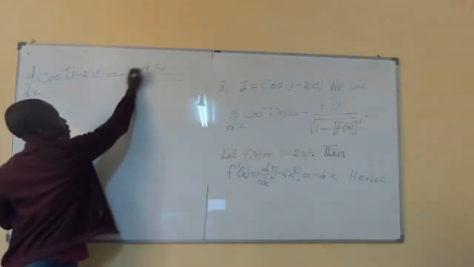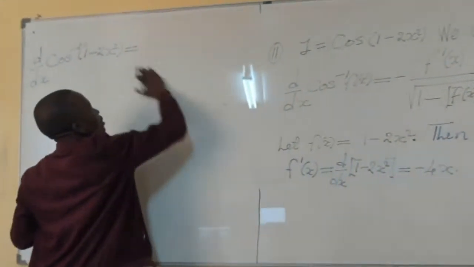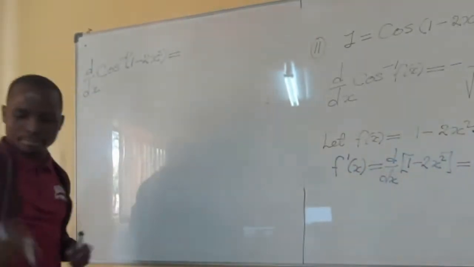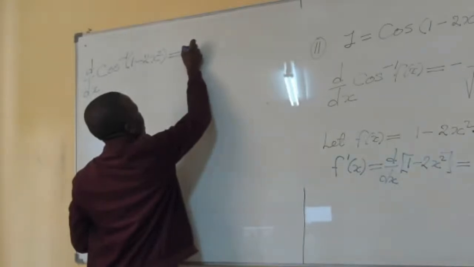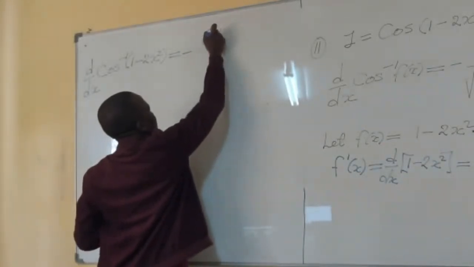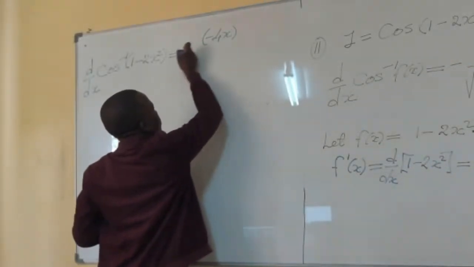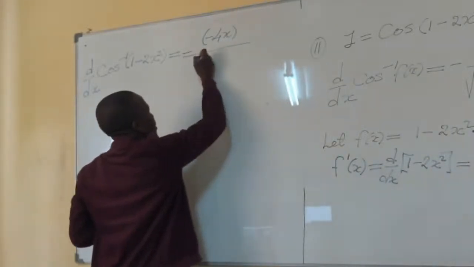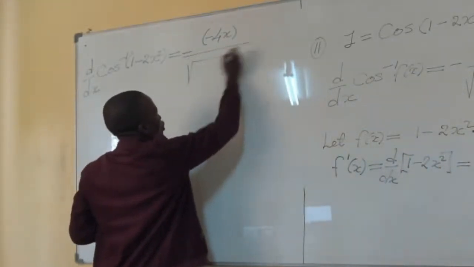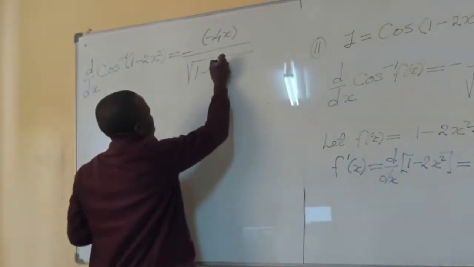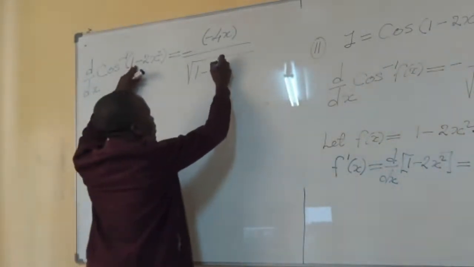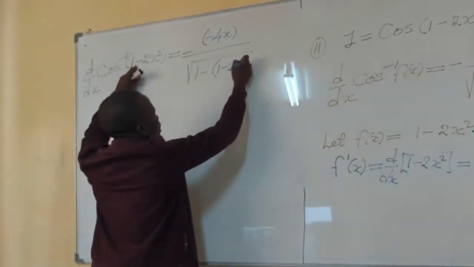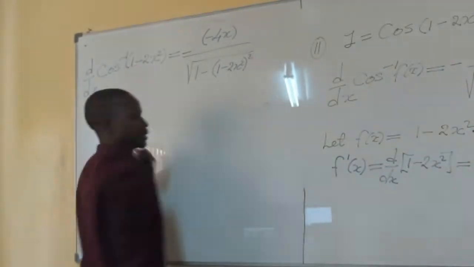Let me just use one marker, color blue. So it will be the negative of negative 4x, everything divided by the square root of 1 minus, now what is our f of x? Our f of x is 1 minus 2x squared, everything squared.